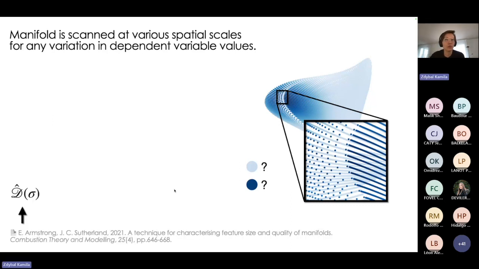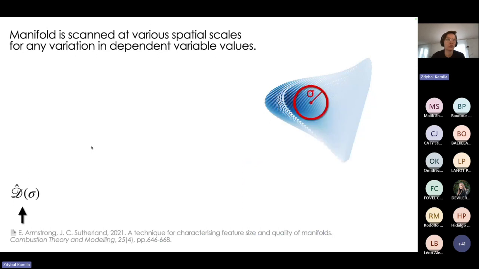And the starting point for building our metric was the work done by my colleagues. And they developed this earlier metric, which is called a normalized variance derivative. And how that metric works, what we're doing to compute that metric is we're now scanning that projection for variation in that blue color, whatever that variable is.